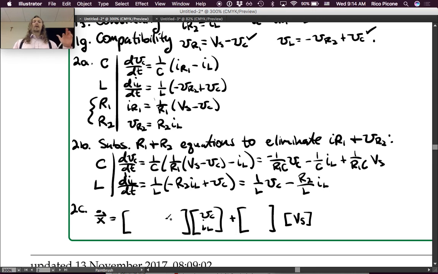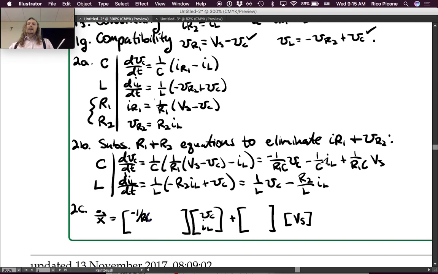This is a 2 by 2 multiplying a 2 by 1, and you do this row times the column to get the new value in the first entry of the resulting vector. So we need to do negative 1 over R1C in this first element.